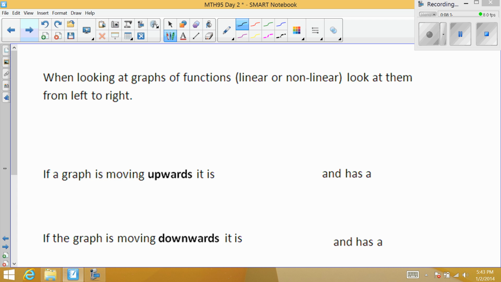When we're looking at graphs of functions, whether they're linear or nonlinear, try to always look at them from left to right, just like you're reading a book. If the graph is moving upwards, it's what we're calling an increasing function. And if it's a linear function, it's going to have a positive slope.